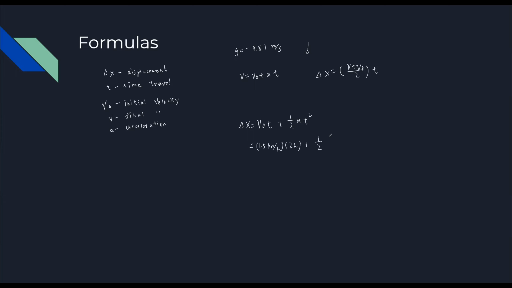Plus half of acceleration, let's say accelerated for 2 kilometers per hour times 2 hours, because in this case, we must see that t is always the same thing. So the time is always the same thing unless indicated otherwise, squared. And then we would go on and solve this, and then we would find what the displacement is using this formula.